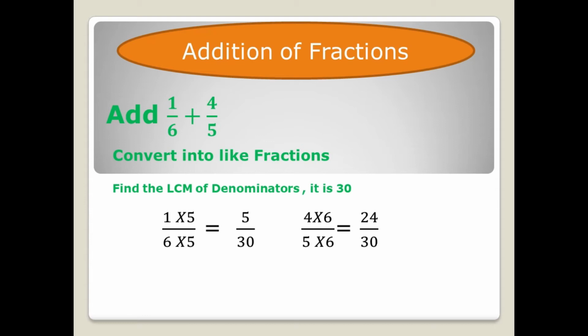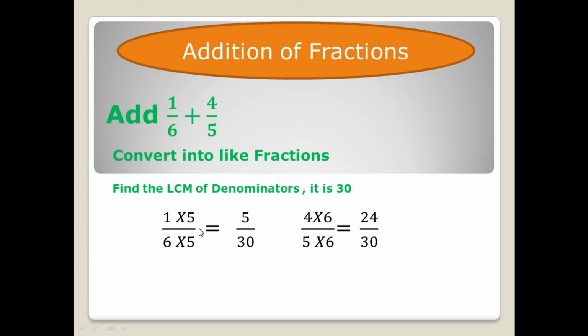So in order to make these like fractions, we multiply the denominator in such a way that it becomes equal to the LCM. As the LCM is 30 and we have the fraction 1 over 6, we multiply the denominator 6 with 5 to make it 30. Similarly, we multiply 1 with 5.